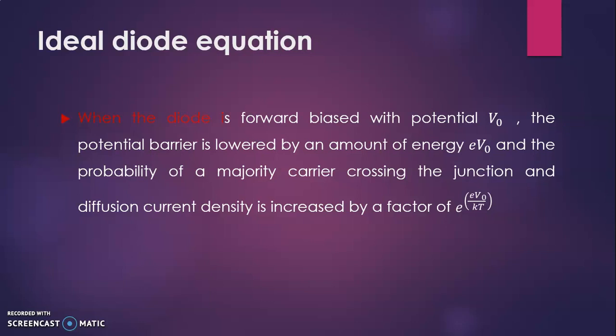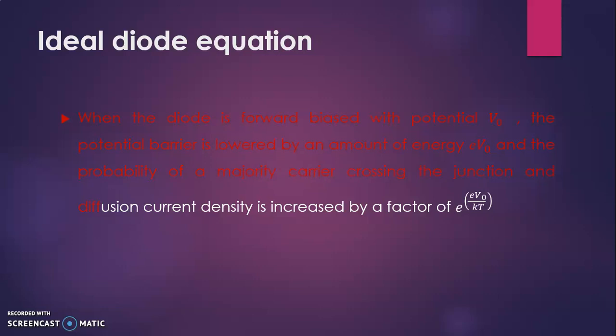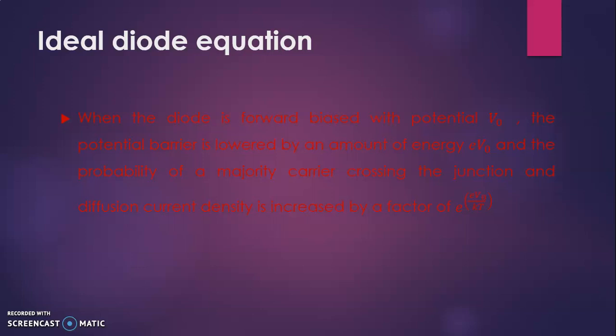When a diode is forward biased with potential V naught, the probability of majority carriers crossing the junction and the diffuse current density is increased by a factor e raised to eV naught upon kT.